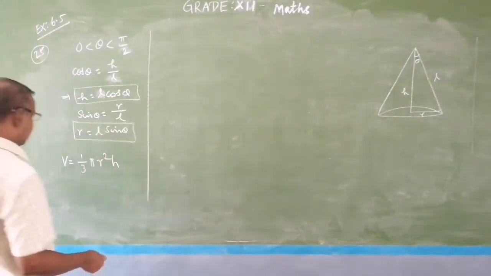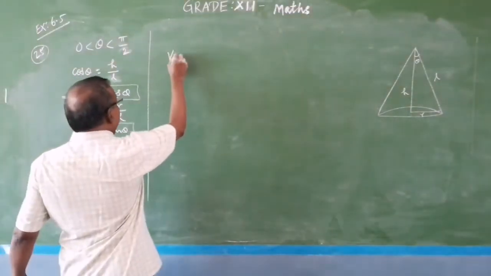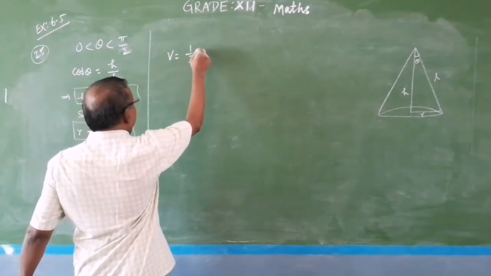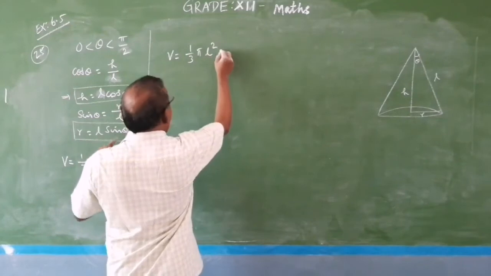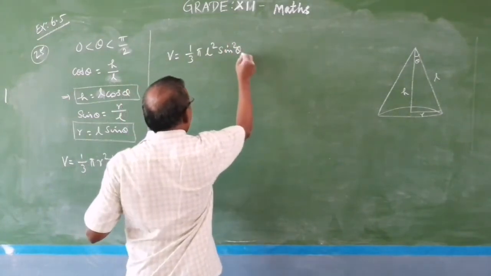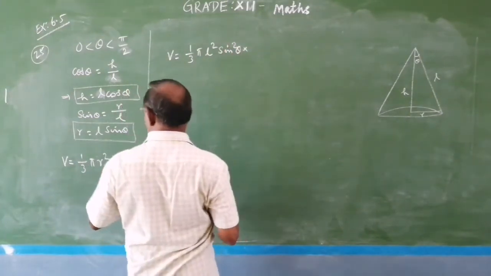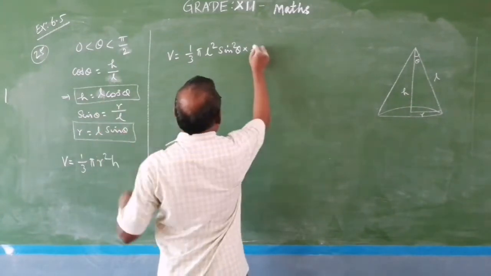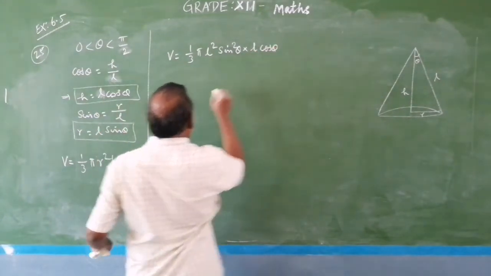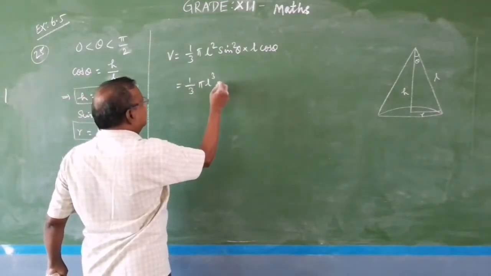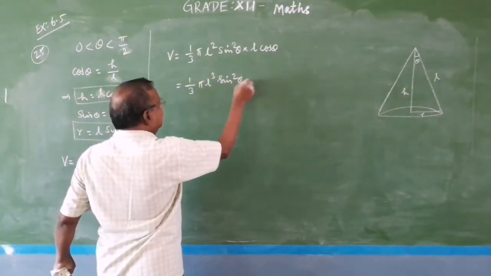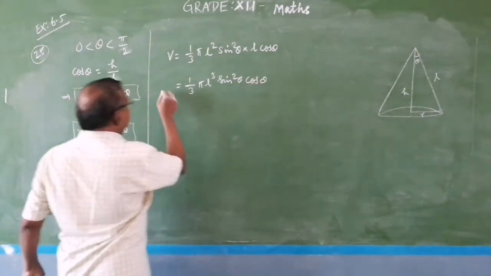Substituting the values of h and r here, V equal to 1 by 3 pi, r square means l square sin square theta, into h means l into cos theta, that is equal to 1 by 3 pi l cube sin square theta cos theta. So, this is the volume.